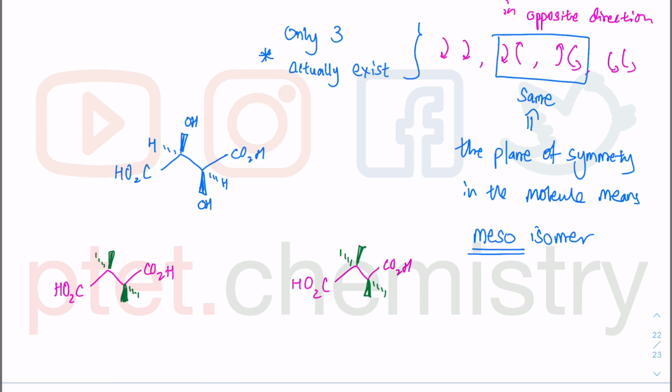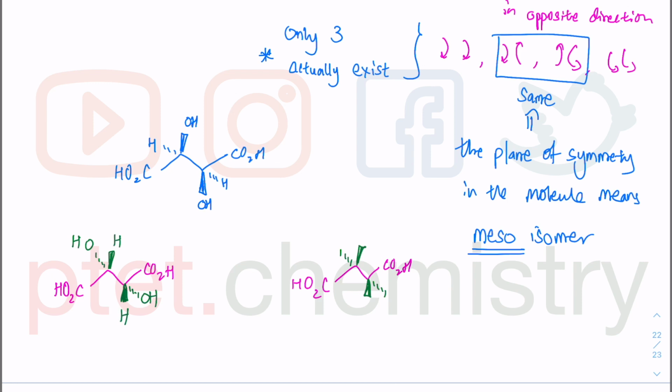So our question really is both of them in the same direction, like this, and of course in the opposite direction. Here both are pointing out, so I want both pointing in, both pointing away. So both the OH are pointing away, so that's different definitely.